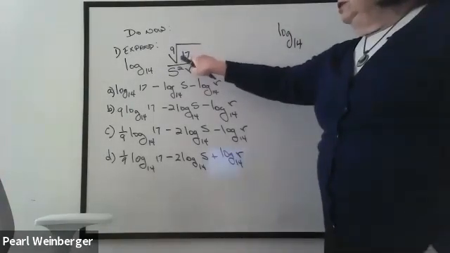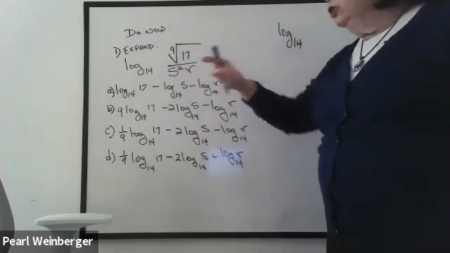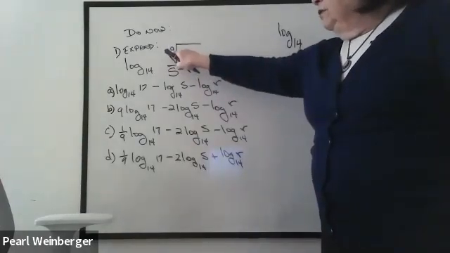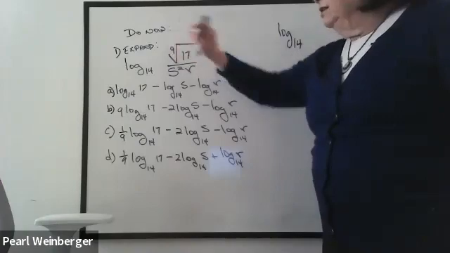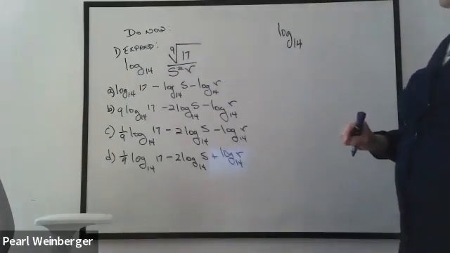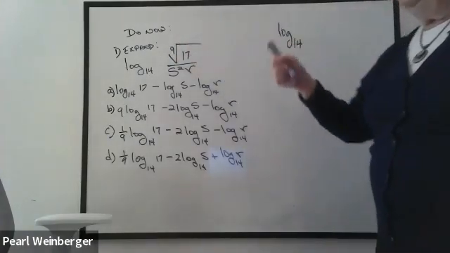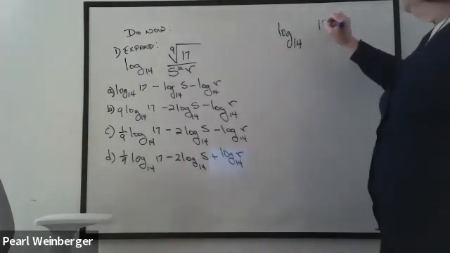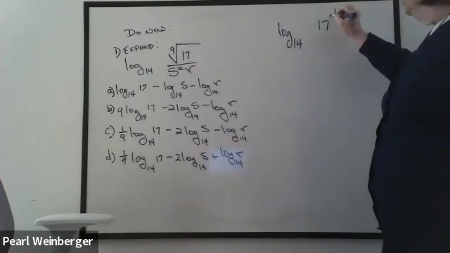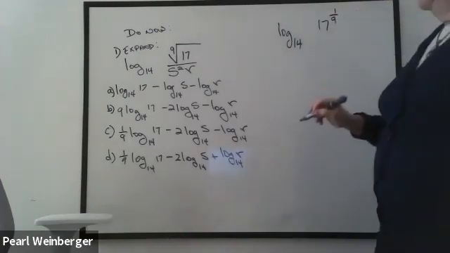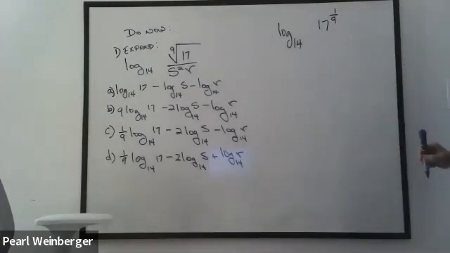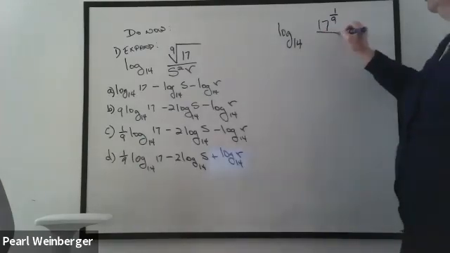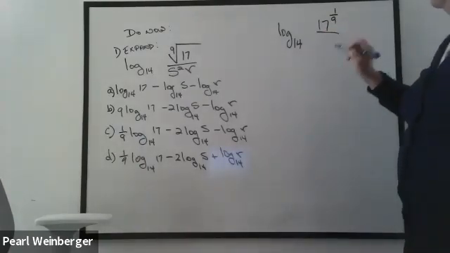And the exponent on a radical is always a fraction, and the denominator of the fraction is always what the index of the radical is. This is said the ninth root. The index is 9. So another way of writing that is to write it as 17 to the 1 over 9 exponent. That's another way of writing the ninth root of 17.